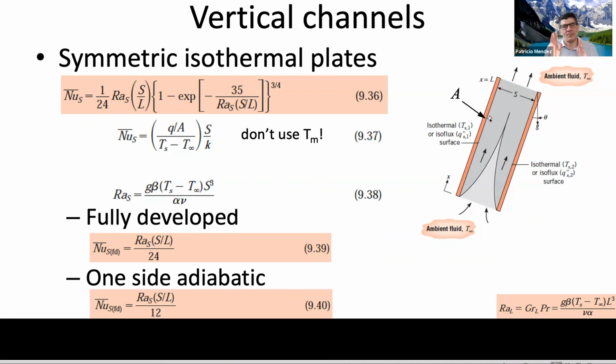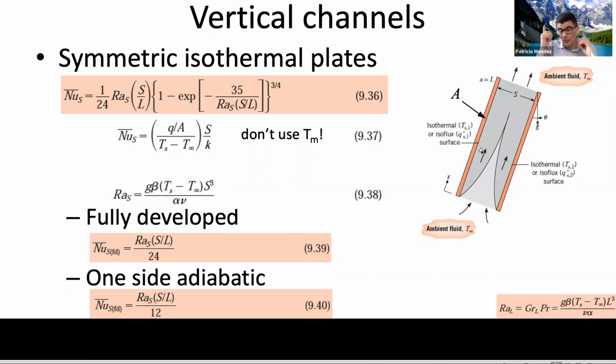For example, we can have two vertical plates separated by a distance S with a height L. Depending on the temperature of the fluid coming in, in this case T infinity, the room temperature, and the temperature of the plates, let's call it TS1, that tells us how much heat is exchanged.